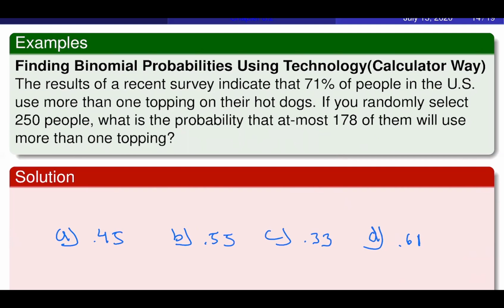So once you get your answer, you choose A, B, C, or D.